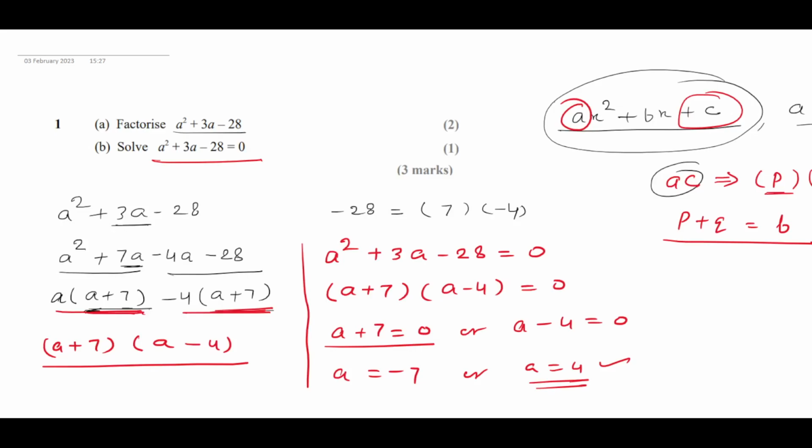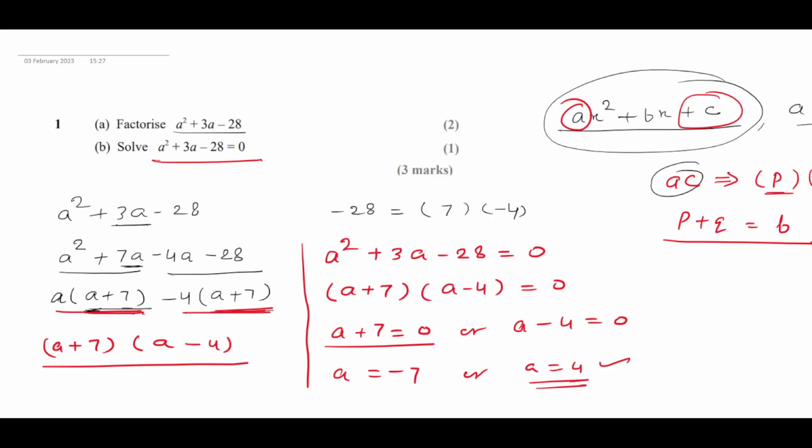Now here my factors are one positive and one negative, because the product is negative. Now I will choose something where the product is positive. So let me choose a difficult question.